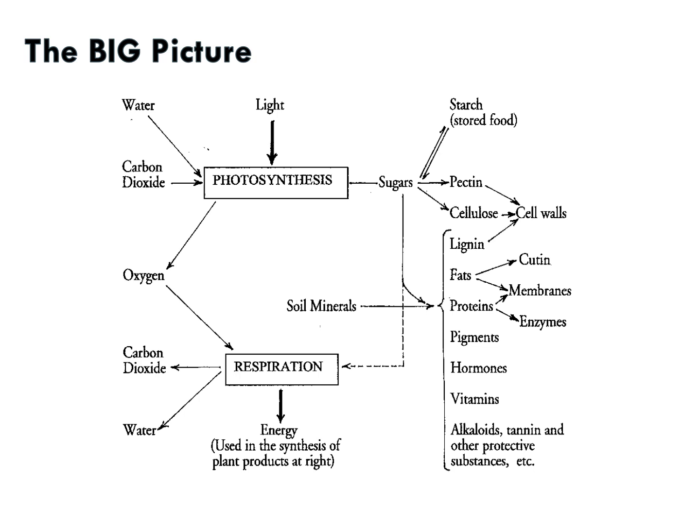Carbon dioxide, water, and light are all inputs into photosynthesis. Oxygen and sugar are outputs. On the respiration side, oxygen is an input, sugar is an input, carbon dioxide, water, and energy in the form of ATP are all outputs.